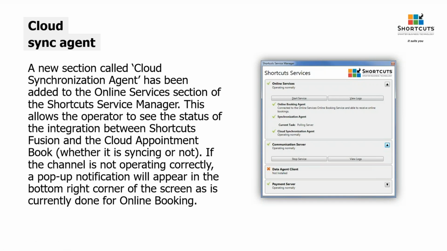This allows the operator to see the status of the integration between Shortcuts Fusion and the Cloud Appointment Book. Once we start getting you to use some of these cloud features, it's going to be important to understand if the Cloud Sync agent is synchronizing properly.